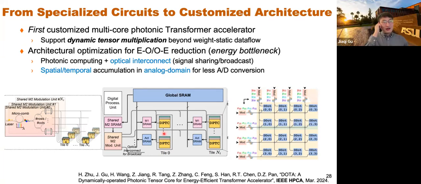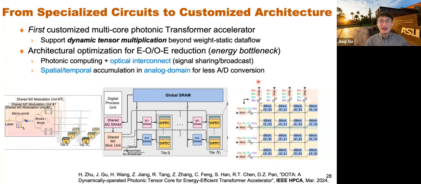Yeah, that's a very good question. In terms of laser, it's also a relatively large part because laser power is exponential to the resolution, actually. So if you have 8-bit, laser power is huge. And because our circuits already have low loss, low depth, you don't have devices cascaded.